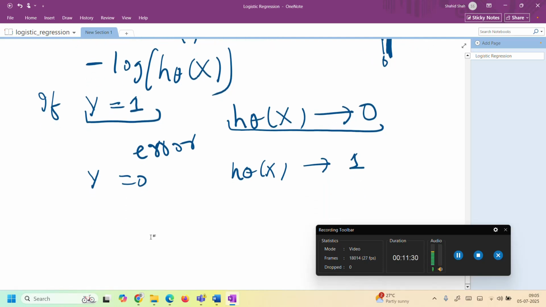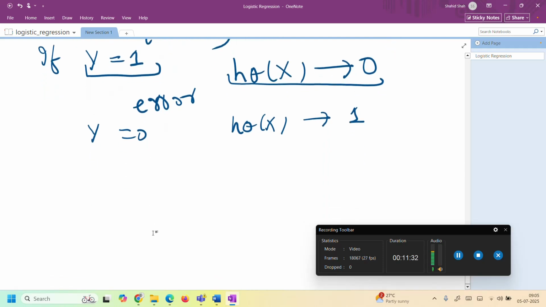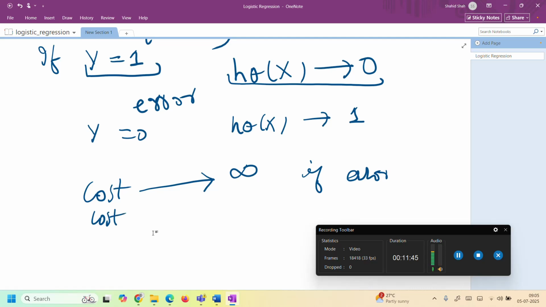So in such a case, we will define a different cost function like this. What should happen with the cost when you make an error? The cost should tend to infinity if there is an error. And also the cost should tend to 0 if there is no error, right?